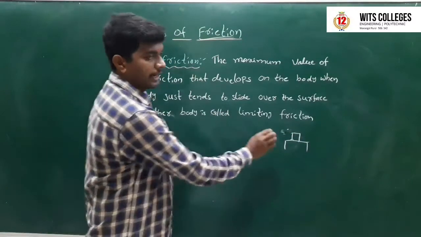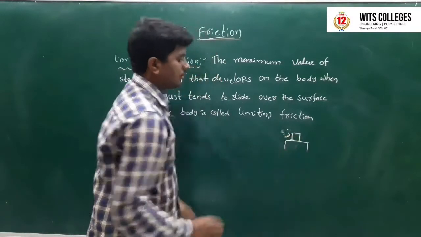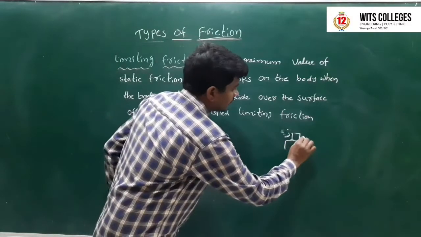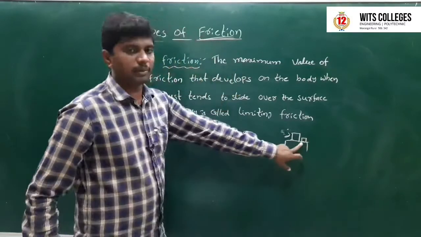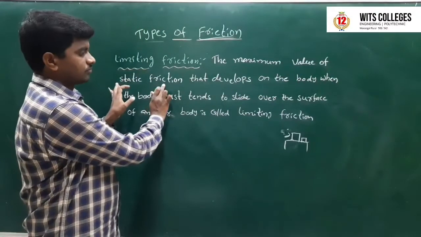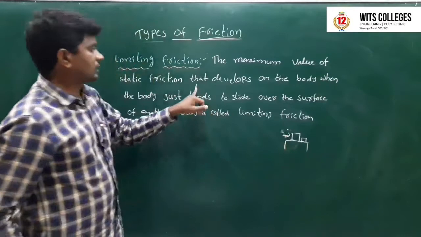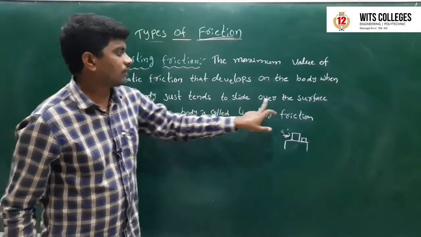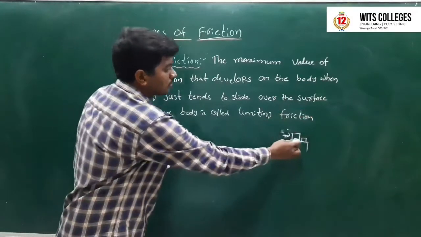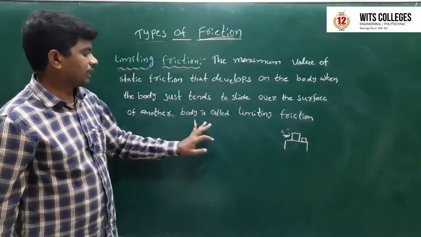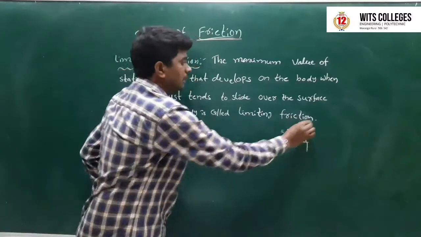Some force is applied, and the book slides, meaning it moves to another place. The maximum value of static friction, when some external force is applied and the body just tends to slide over the surface of another body, is called limiting friction.